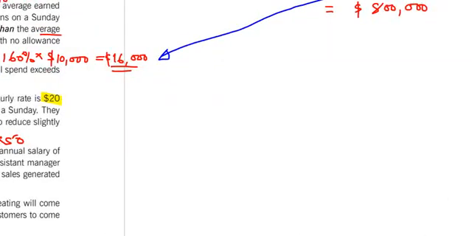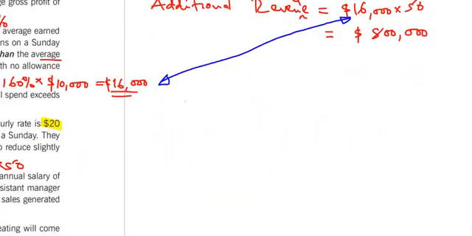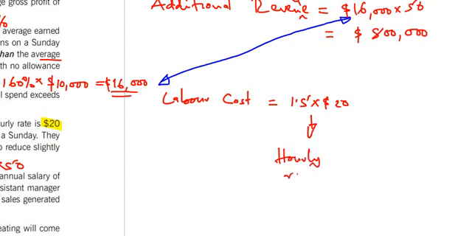So let me just redo that right here so that it's not very confusing. Labor cost is going to be 1.5 by 20. This figure here is the new hourly rate.